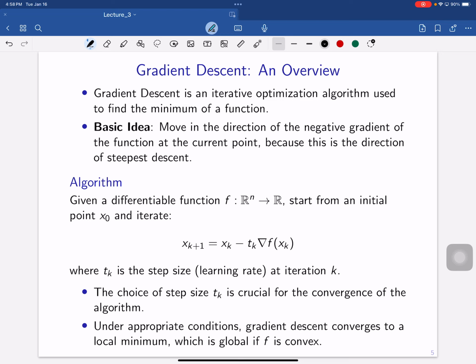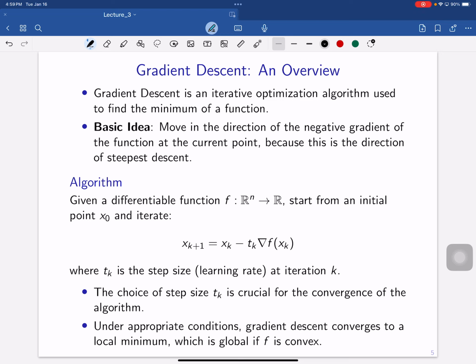For gradient descent, as we proved in the property, if the gradient is non-zero, then it's not a global minimum. So you will always search along the negative gradient direction, and the function value will always decrease. It's like you are going downhill to find the local minimum, or in other words, the global minimum.